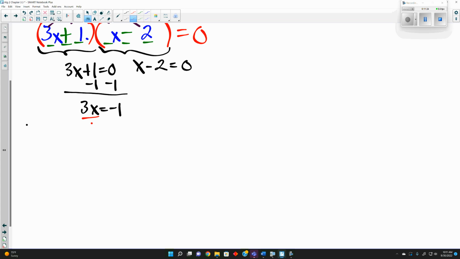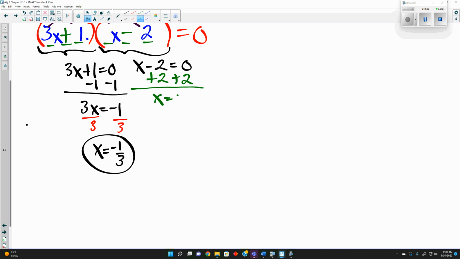And then divide both sides by 3, telling us x is equal to negative 1/3. For the other one, we can add 2. So we already knew that x equals 2. We just weren't able to find the negative 1/3.